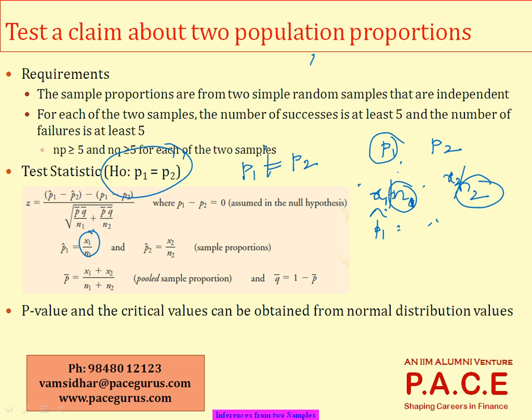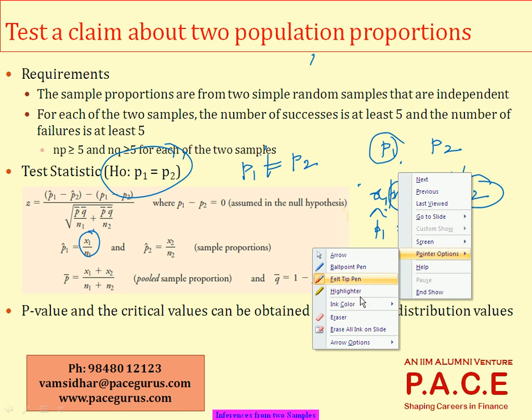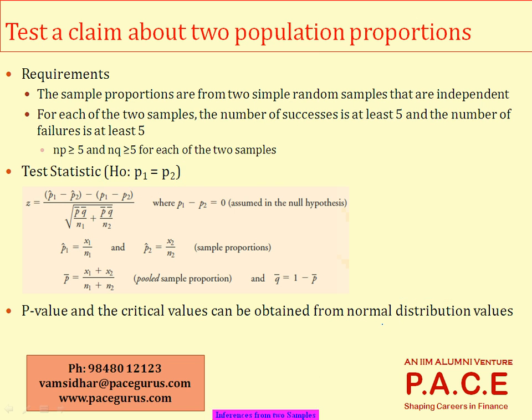And out of that, whatever the number, let's say here we are talking about the proportion of votes. Let me create an example that makes it easier for you. So here I would like to test the scenario that the proportion of the votes for a particular political party A in state 1 is the same as the proportion of votes which they get in state 2.